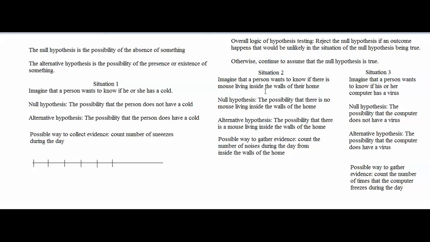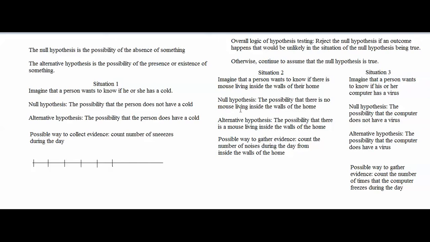Because if the null hypothesis situation was true, and there was no mouse living inside the walls of my house, then any noise I hear from inside the walls of my house is just happening by chance. It's just some random noise, and I know that it's not likely for me to hear 10 noises just by chance.